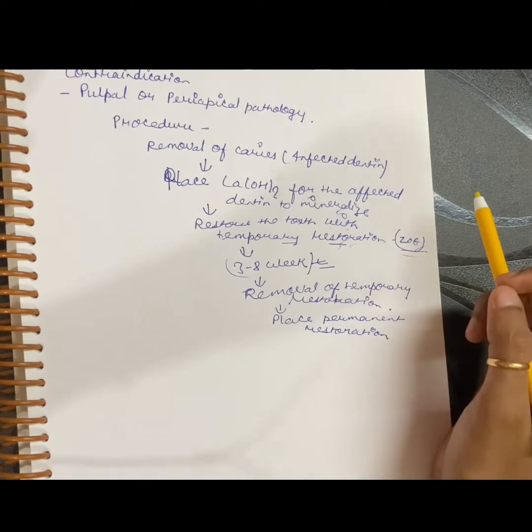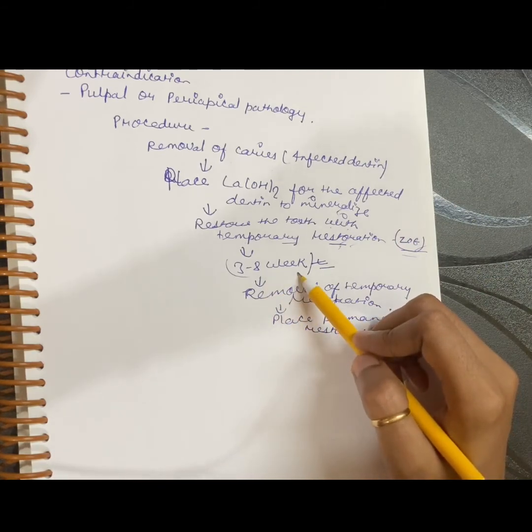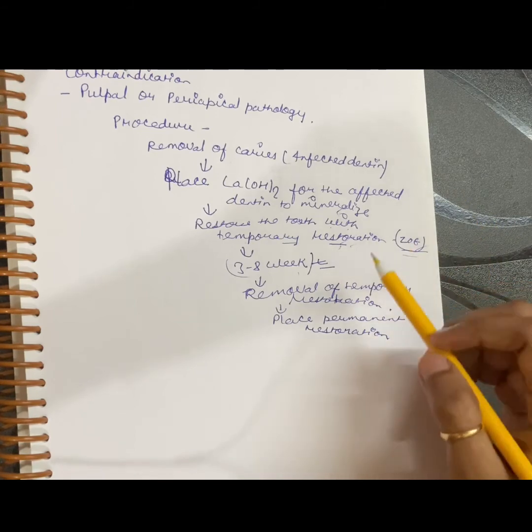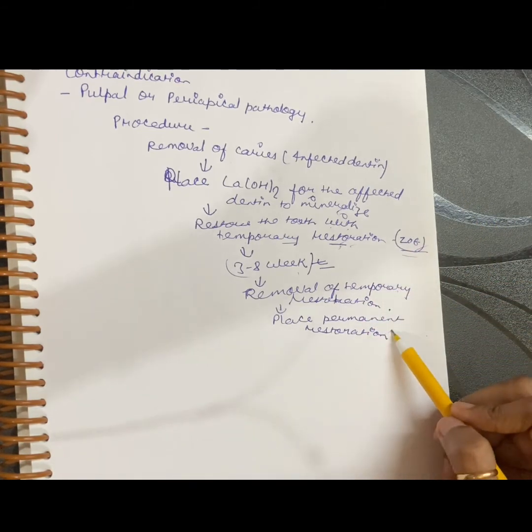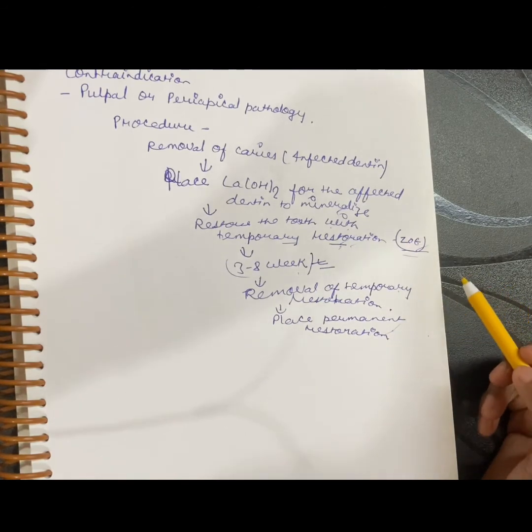Then call the patient after 3 to 8 weeks. If the patient is asymptomatic, then you will remove the temporary restoration and place the permanent restoration. This is the procedure for indirect pulp capping.